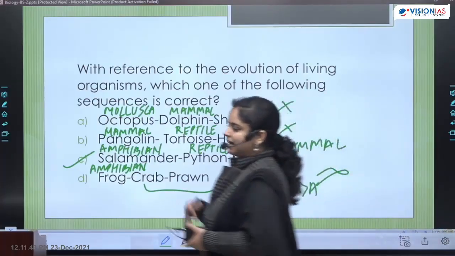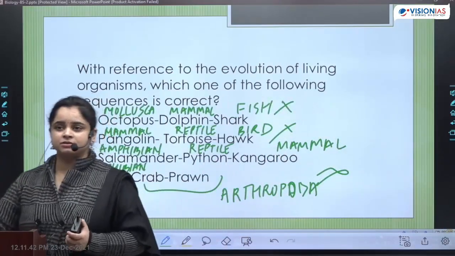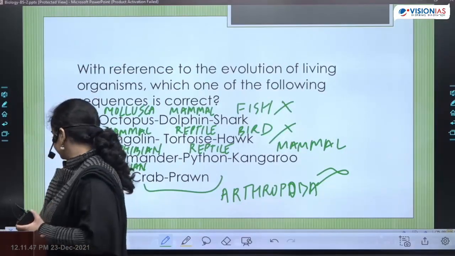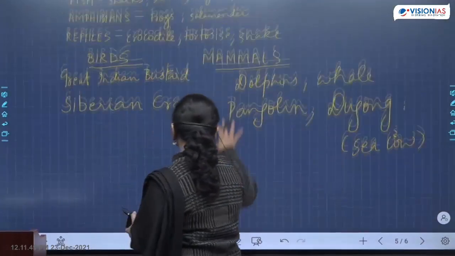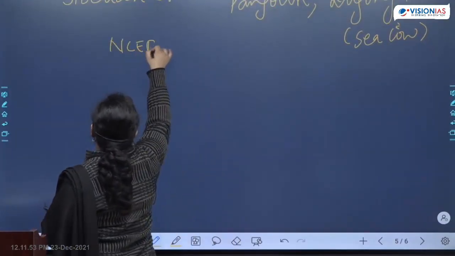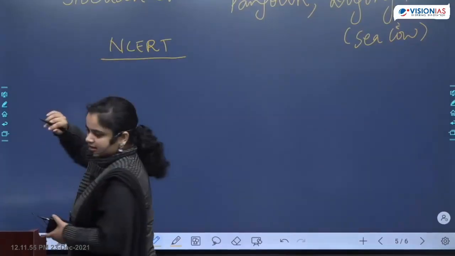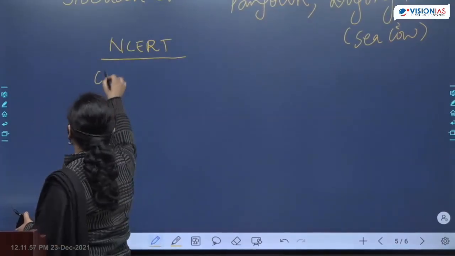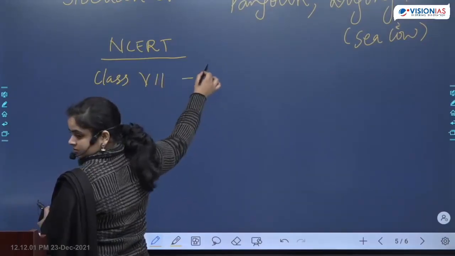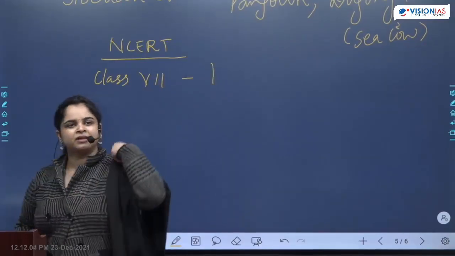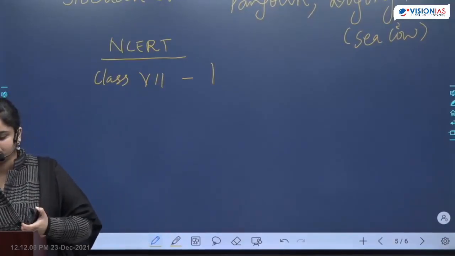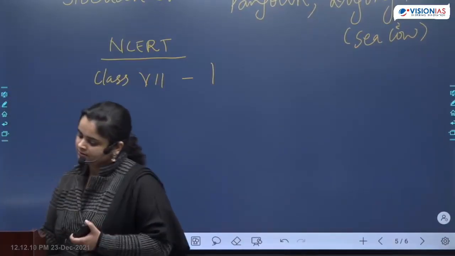Okay. I'll tell you some NCERT chapters which you can add with this portion. If you can read them as we are going through the classes, you will find it easier to understand and remember all this. So chapter number 1, it's basically on plants, but it talks about modes of nutrition. So you can read this.